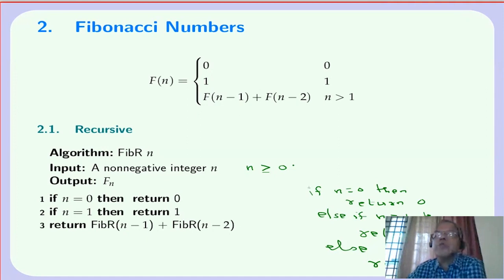This is how you should write, but I said this else is not needed because the last statement of the if clause is return. Okay, this is just a note.